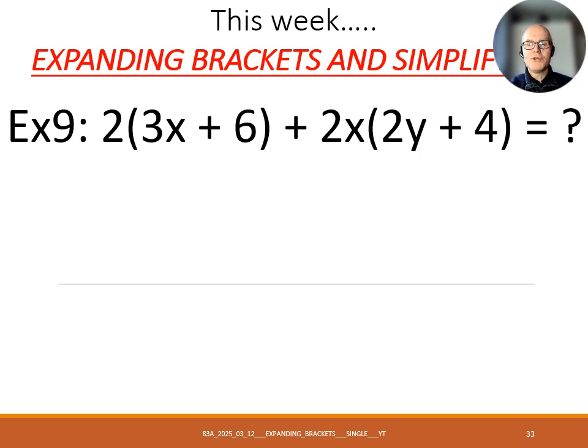Now we're going to move on to an example with two sets of single brackets. This is where you're going to see the benefit of putting the signs in and keeping the formula in separate chunks.